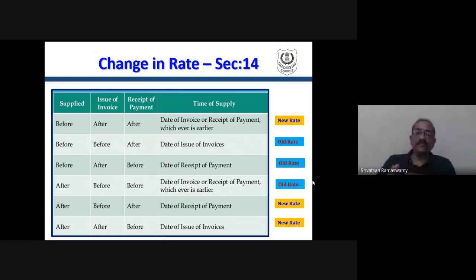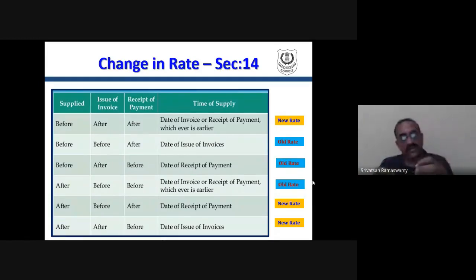If two events happen after the new rate, like here in the first situation, the goods were supplied before the change in the rate, whereas the invoice is issued and the receipt of payment happens after the new rate has been prescribed. So out of three, the majority happens after the new rate has come into picture. In that situation, it will be the new rate which will apply.